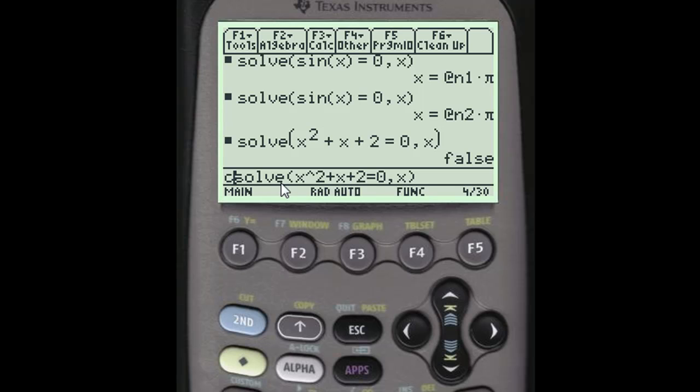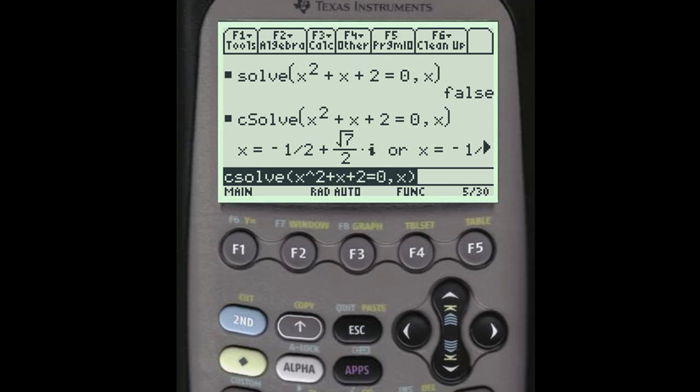You use csolve the same way you use solve. So the first thing you put in is your equation, comma, the variable you're solving for, and hit enter.